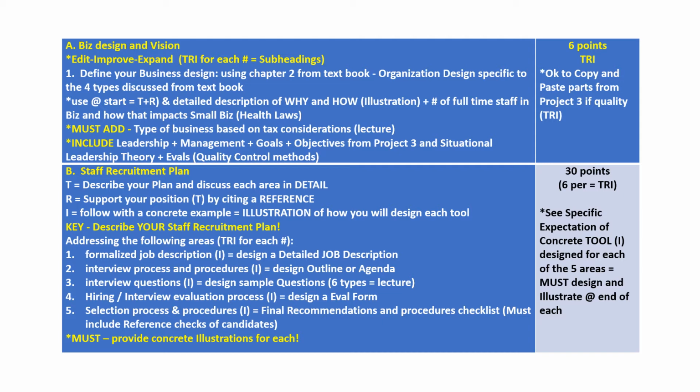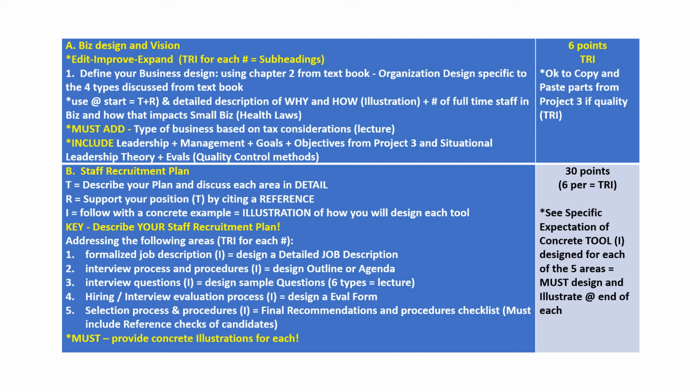Second, you must add the type of business you are going to be based on tax considerations. In lecture we talked about different types, from sole proprietorships to LLCs to different forms. Pick the one that you're going to be, cite that, and then give a clear example illustration of it.